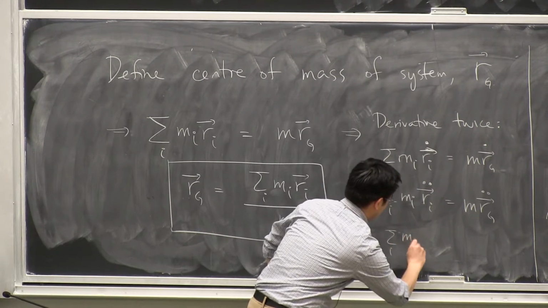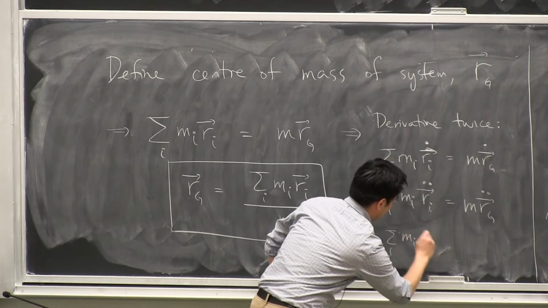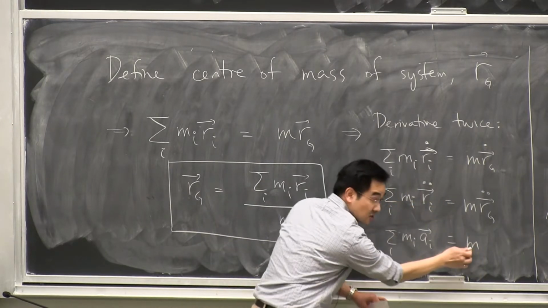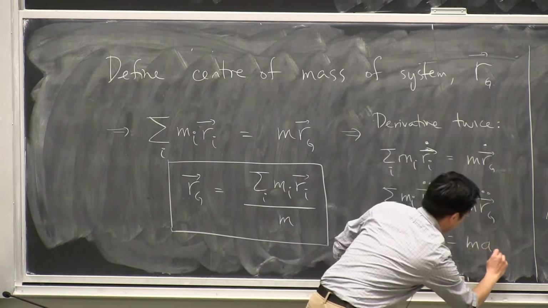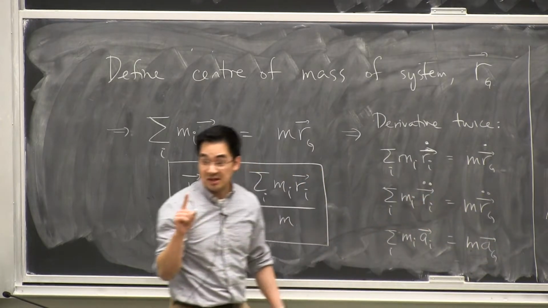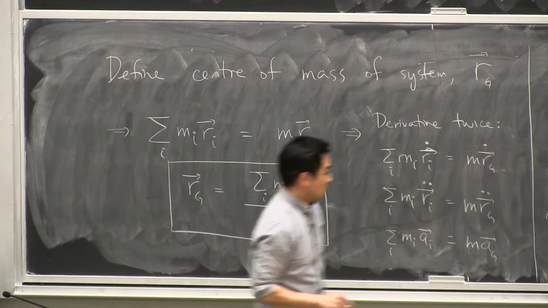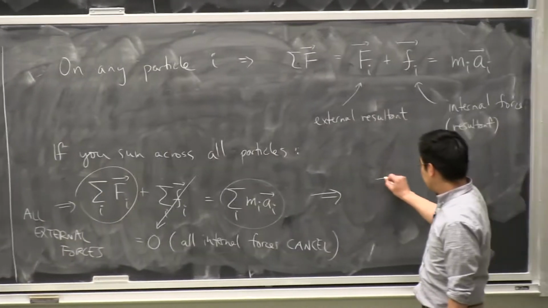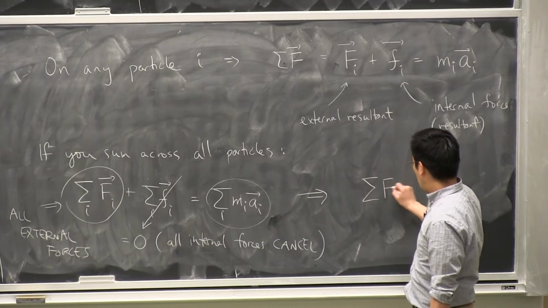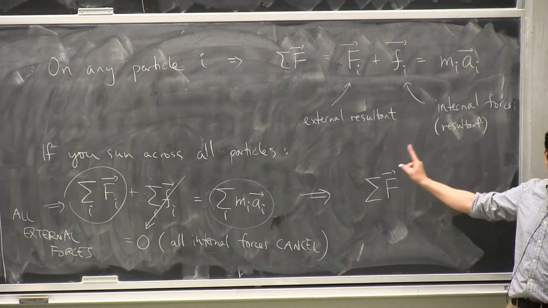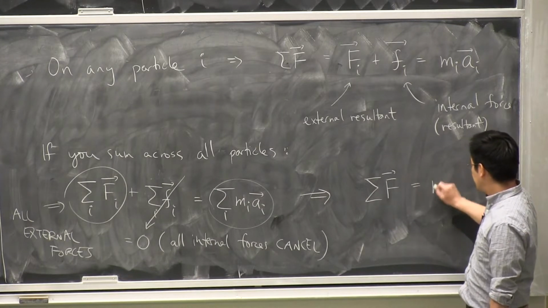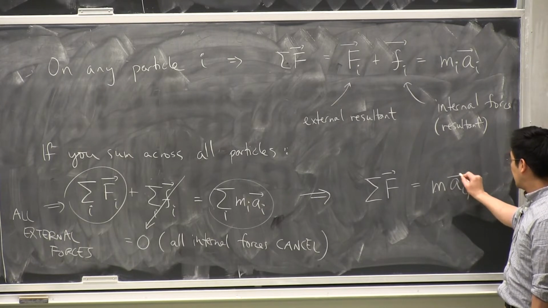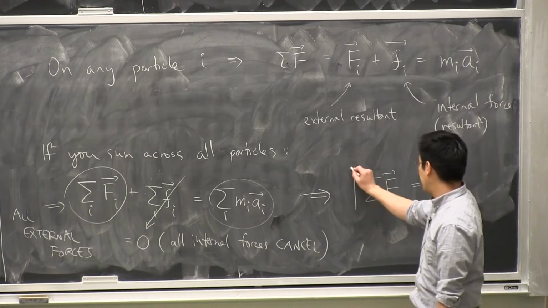So this is actually an mi ai, and this is equivalent to the mass of the whole system multiplied by aG, the acceleration of the center of mass. So the bottom line is this equation: after that little trick, I get the sum of forces, all of the external ones only, is equal to the mass of the whole system multiplied by the acceleration of the center of mass.